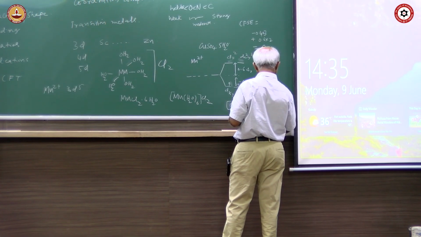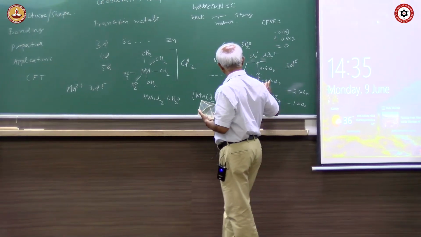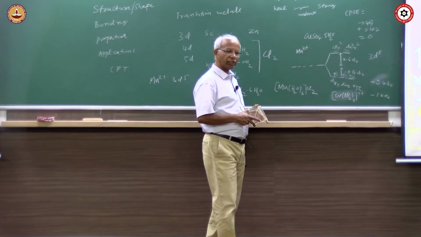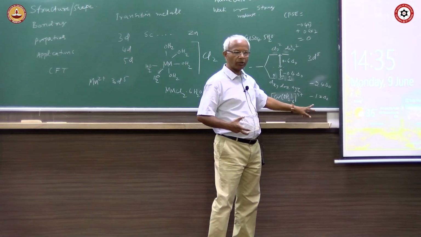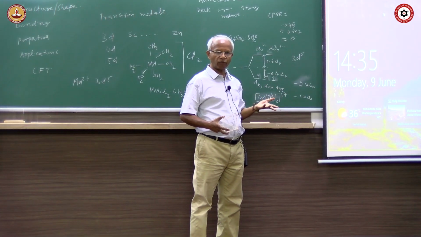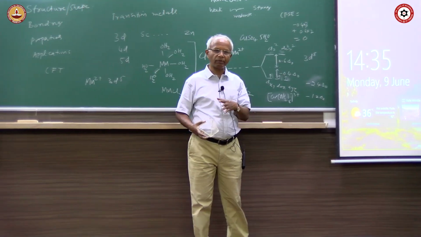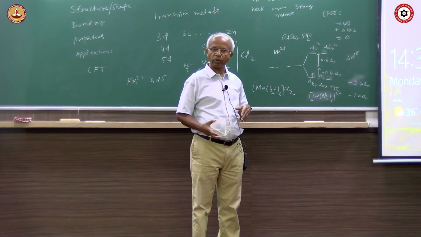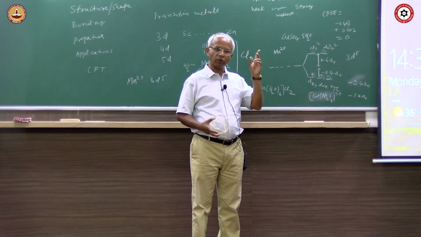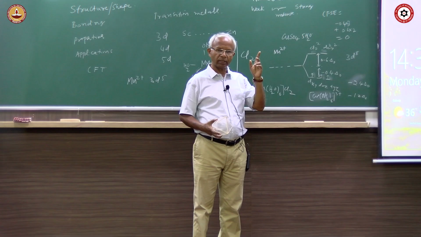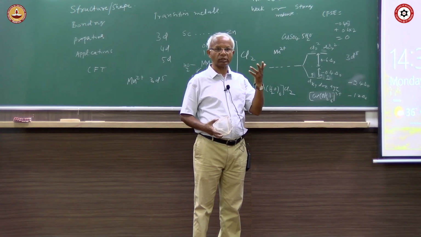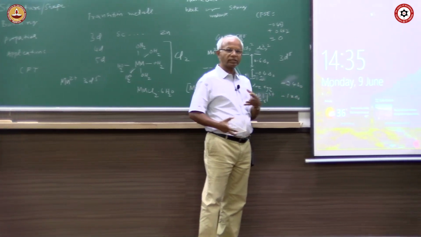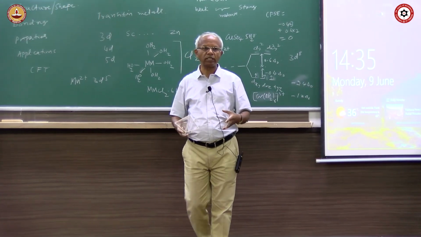negative 1.2 delta O, because 3 into 4, right. So the maximum that you can achieve for this configuration is 1.2, for the other configuration is 2.4, and hence in all of the chemistries that Werner talks about are of cobalt 3 plus and chromium 3 plus complexes, because compared to chromium 3 plus, cobalt 3 plus is much more stabilized because of the double the value there, negative 2.4, double the value, and hence ligands don't easily get exchanged.